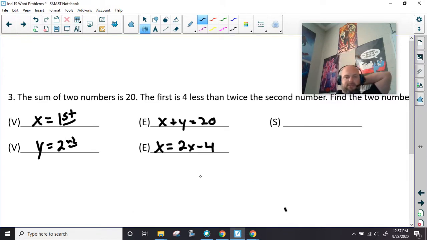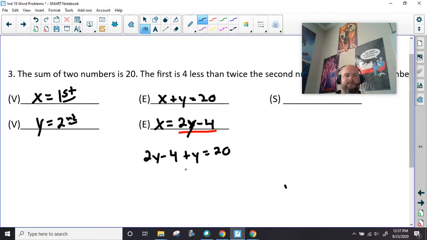So this is a substitution one right here. So I'm going to take all this and plug it in right here. So this is going to be 2y minus 4 plus y equals 20. So y plus y, this is going to be 3y minus 4 equals 20.